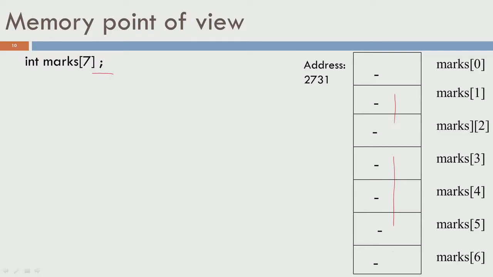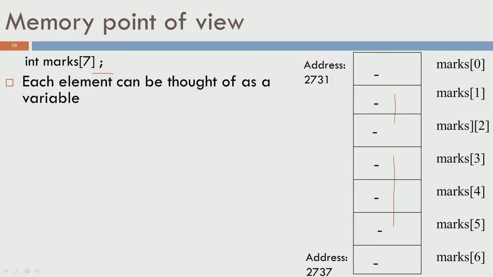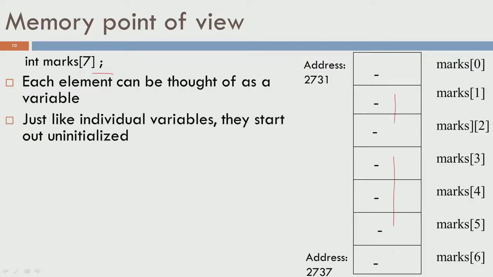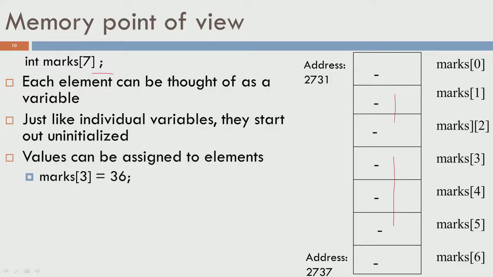So, for instance, let us assume that marks of 0 was allocated address 2731, then marks of 1 would be at address 2732 and so on, marks of 6 would be at address 2737. This is what I meant by arrays having a contiguous set of locations. As I said, each element can be thought of as a variable. Just like individual variables, they start out uninitialized.